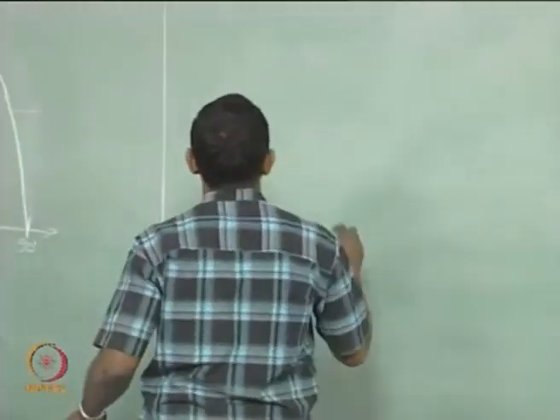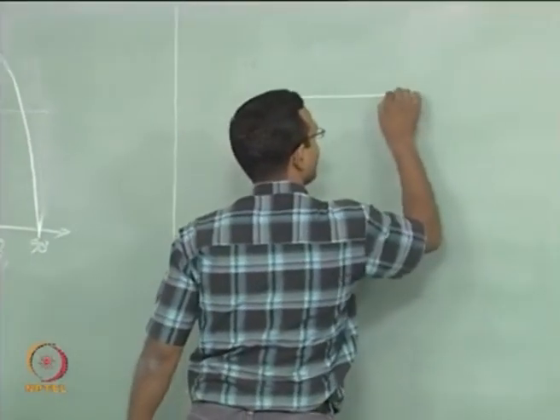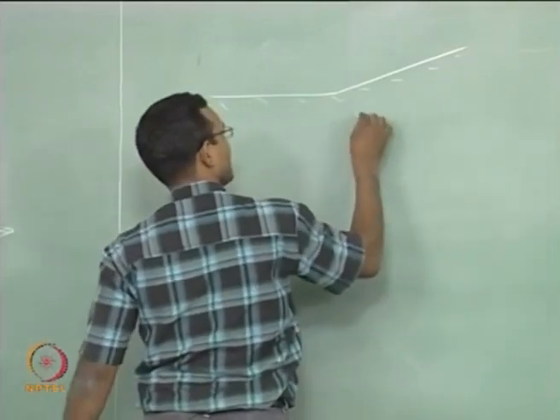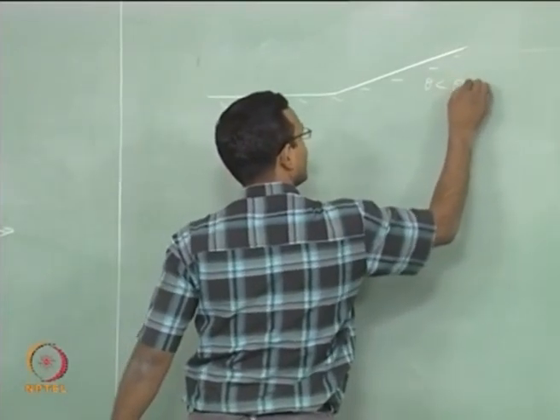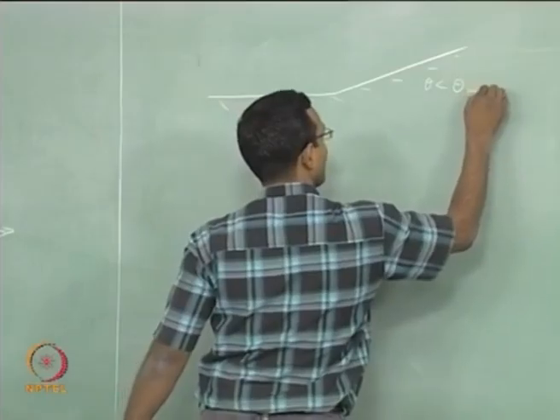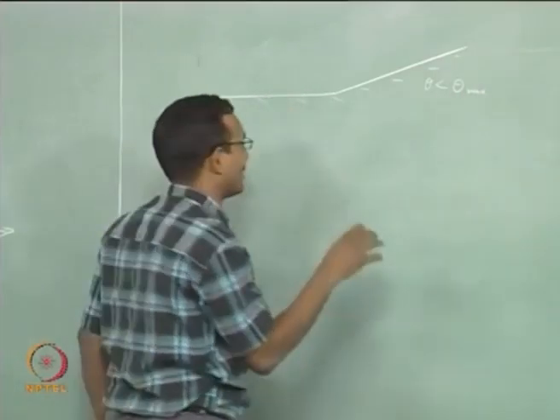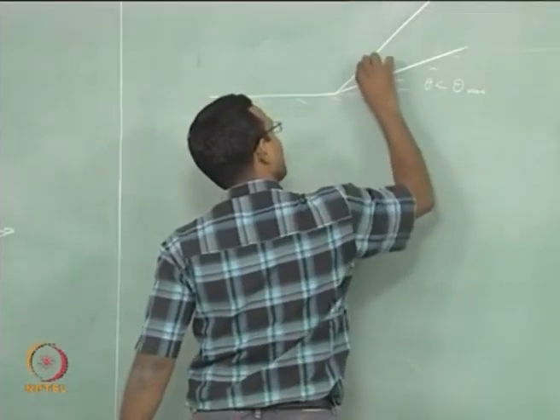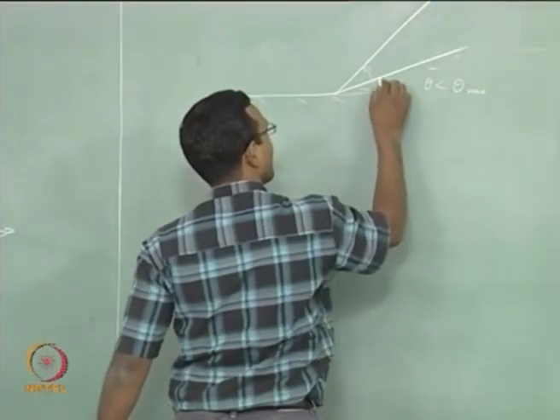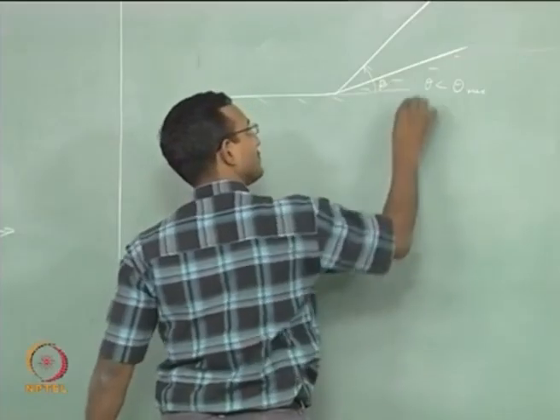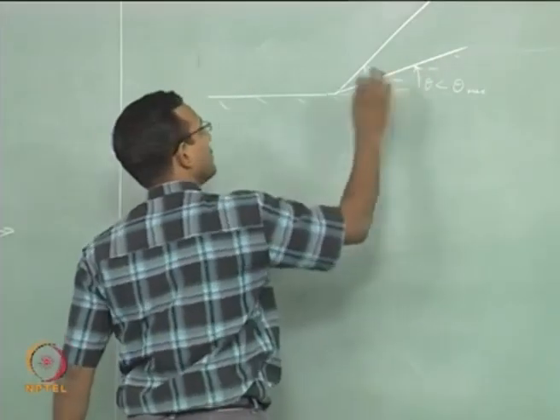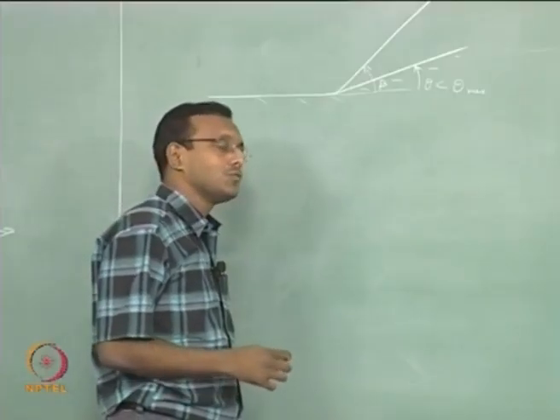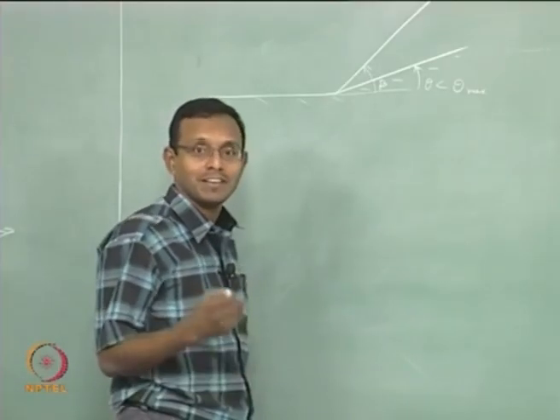The first one is easy to explain, the weak shock. So, I am picking a particular case and we have theta less than theta max or theta critical, whichever way people call it differently. I am going to have a shock. This is my original beta for one particular gamma value, this is our theta. Now, I am saying the gamma changes to more compressible gas, which is gamma decreases.